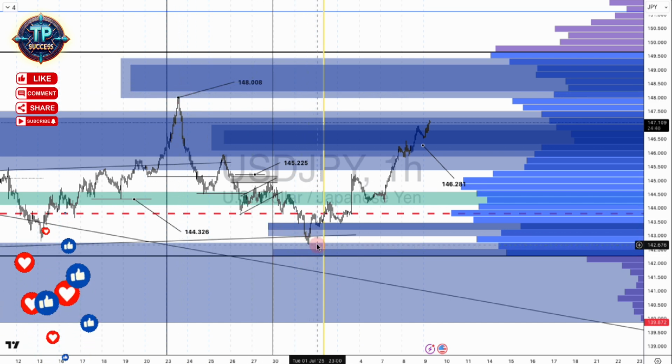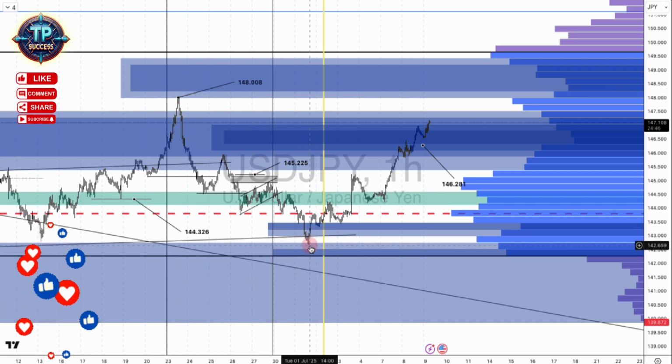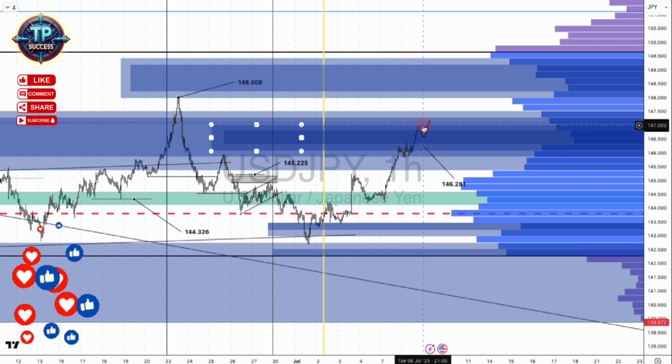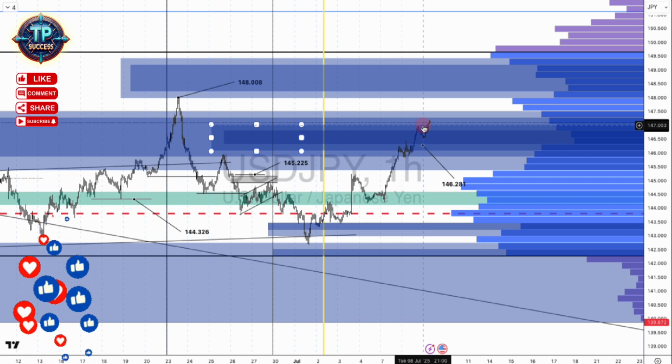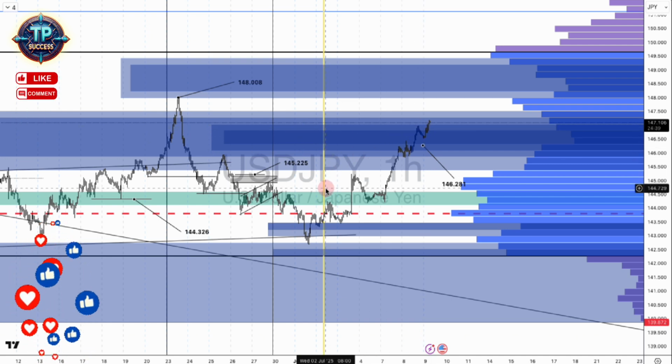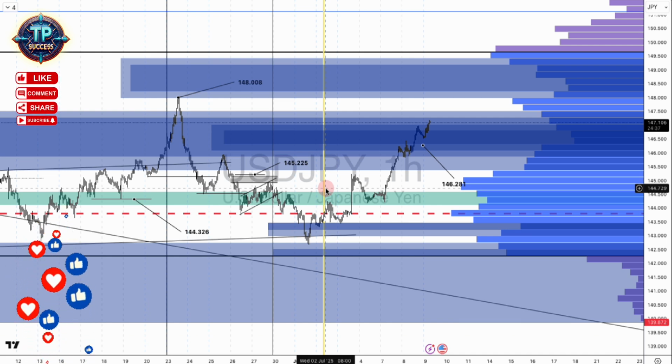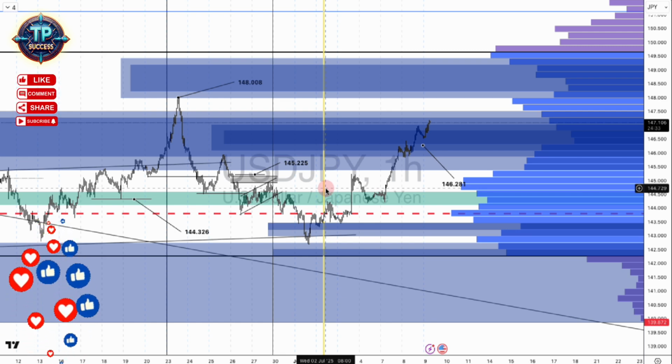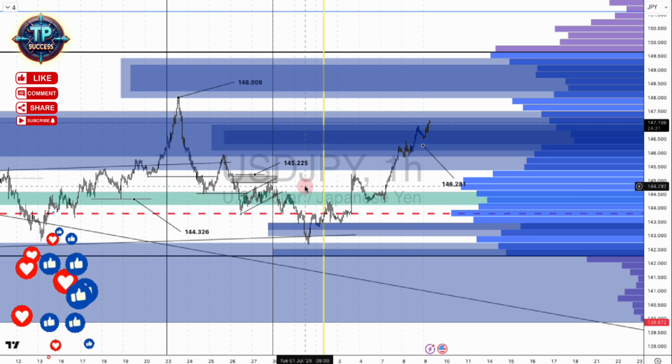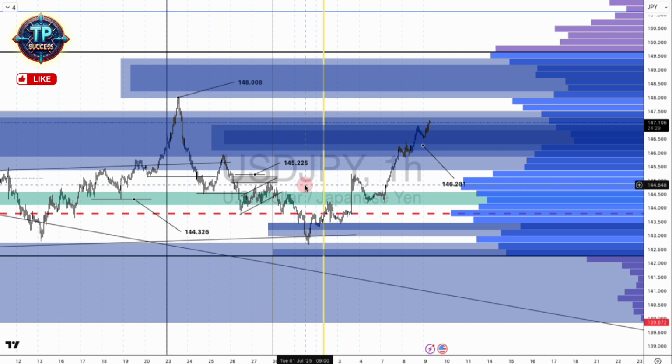It just tapped the edge of that low value node and bounced and moved straight away in the opposite direction. So that's kind of what we have going on right now. I hope everything I'm saying is making sense. I really hope it is. And so we can see exactly what's taking place.